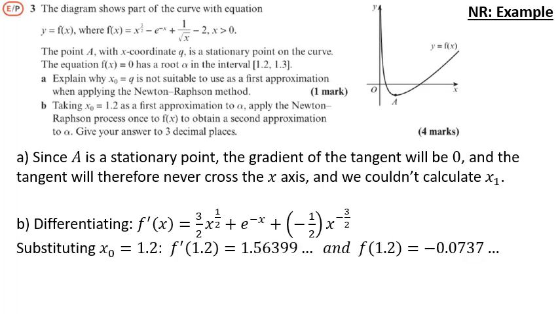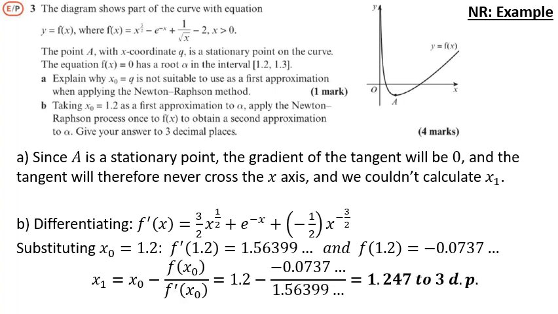You can substitute 1.2 into that, because we care about the derivative at that particular point. They said to use 1.2 as our first approximation. If we substitute that into the derivative function, we get a value. We also substitute it into the original function that was given to us at the top of the question. Now we've got the value for that as well. The reason we need those is because we've had one eye on the formula book and we know what the formula is for the next value. x n plus 1 just means the next x value.